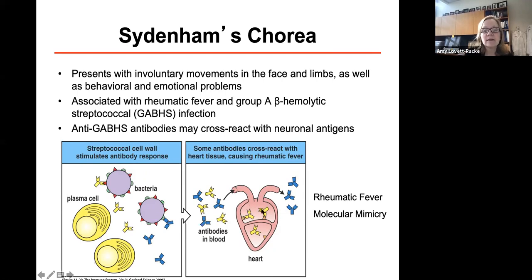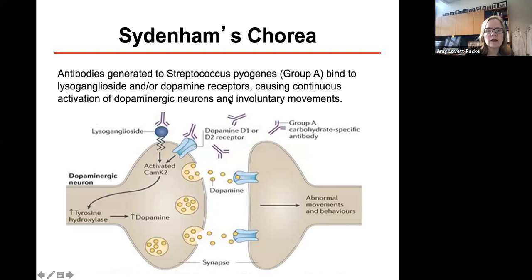And in Sydenham's chorea, these antibodies, again generated against strep, actually bind to either lysoganglioside or the dopamine receptors, causing upregulation of dopamine in dopaminergic neurons, and again causing this continuous firing of the neurons, so that you see this continuous uncontrolled movement in these children.